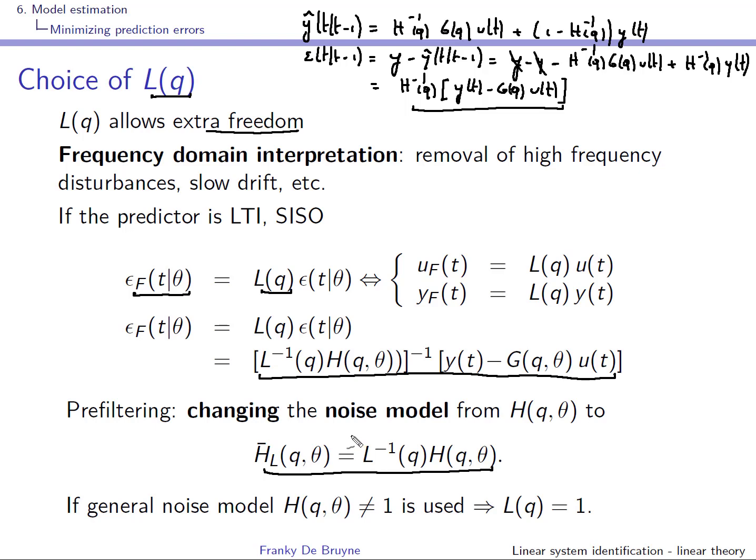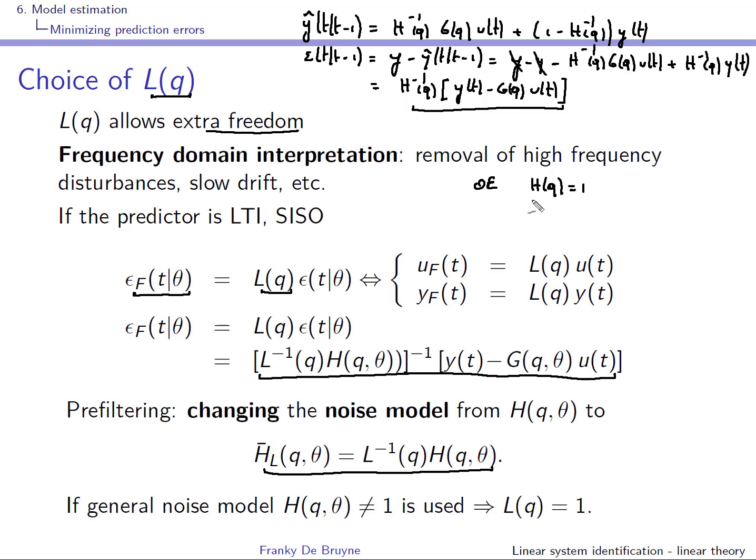This doesn't make too much sense in general, if your noise model is flexible enough, but it can make sense if, for instance, your H(q) is fixed. So if your H(q) is fixed and you have, for instance, an output error model, then you know that H(q) is equal to 1.